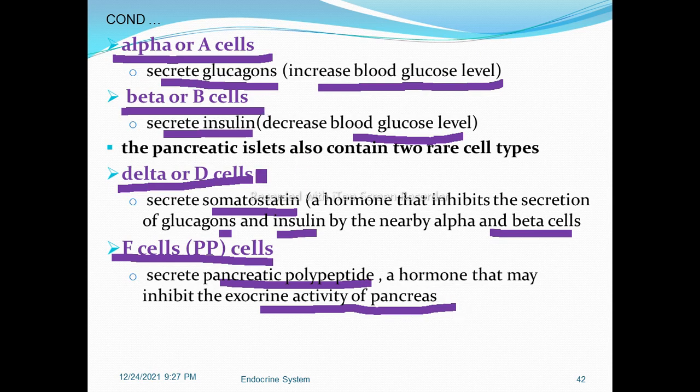So these four types are the cells of the pancreas found in the islets of Langerhans. These parts are the endocrine tissues.